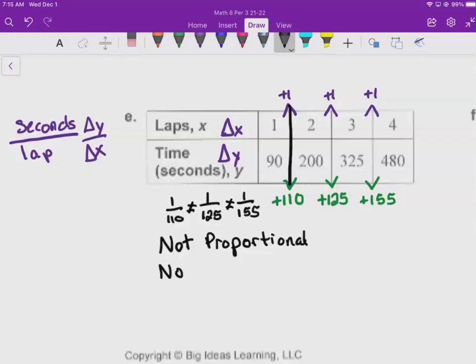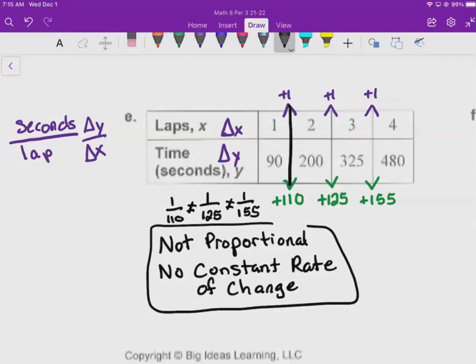And we can say no constant rate of change. So we didn't even have to look to see if it went through 0, 0. We already knew because it didn't have a constant rate of change. There was no slope. This isn't a straight line.